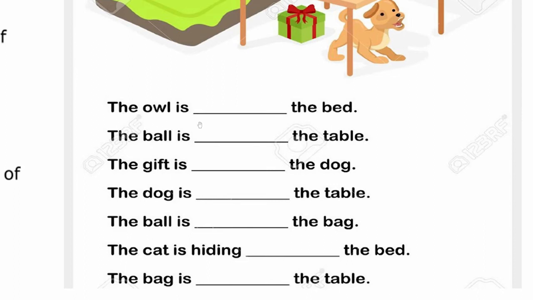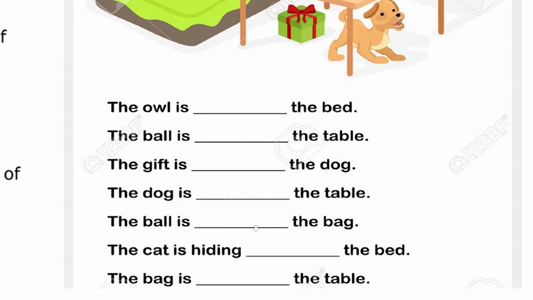The owl is dash the bed. The ball is dash the table. The gift is dash the dog. The dog is dash the table.